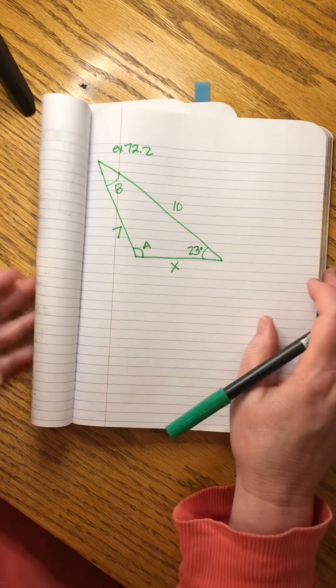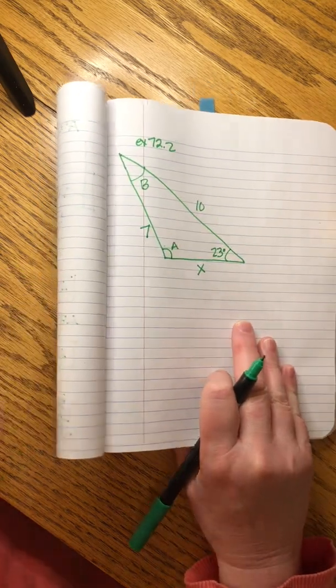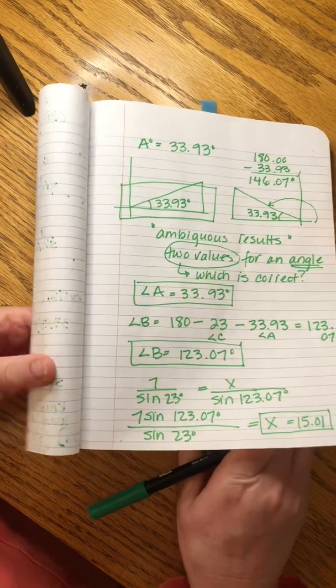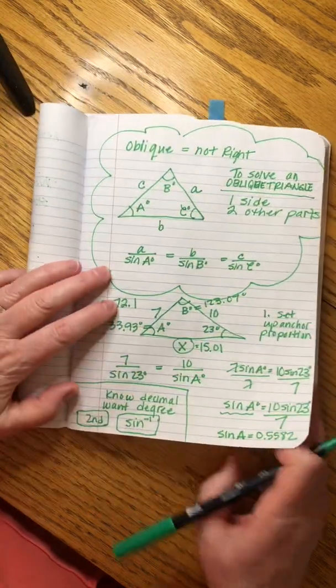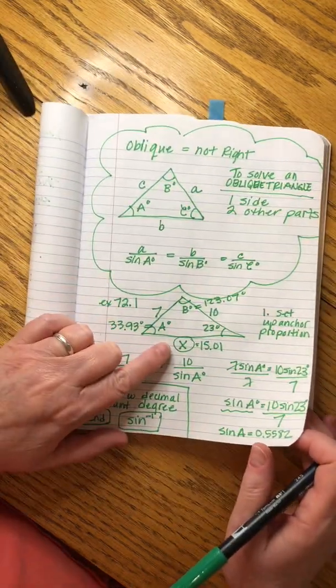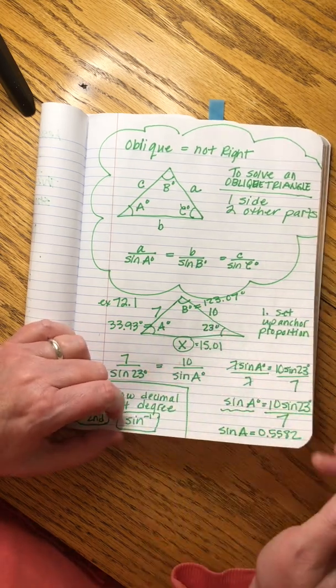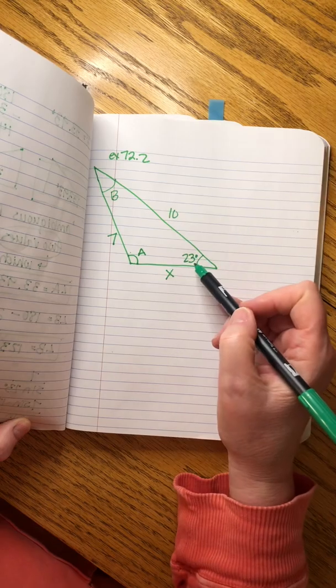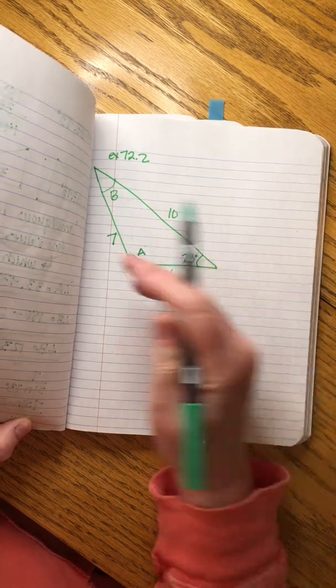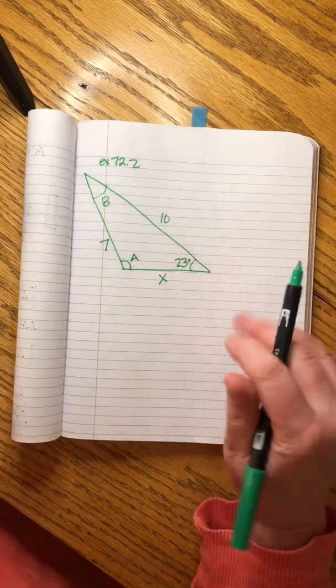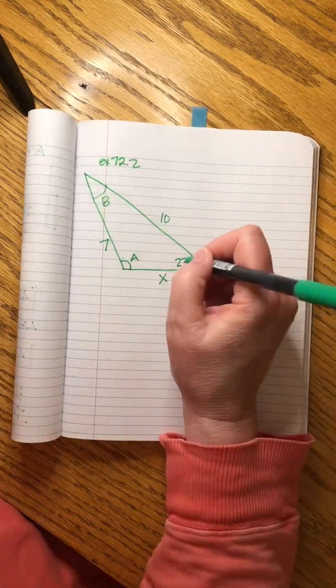Look, you guys, it's the very same numbers that we had last time, right? 7, 10, 23, A, B, and x. Okay, interesting. All right, so let's go through and work it just like we did the last one.